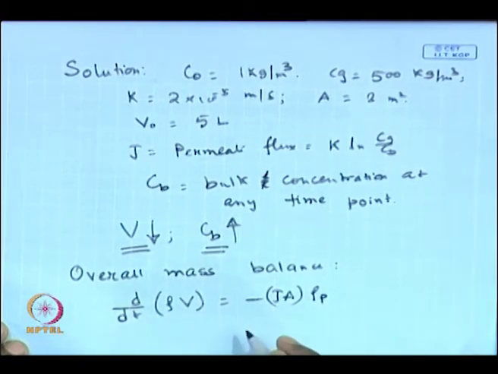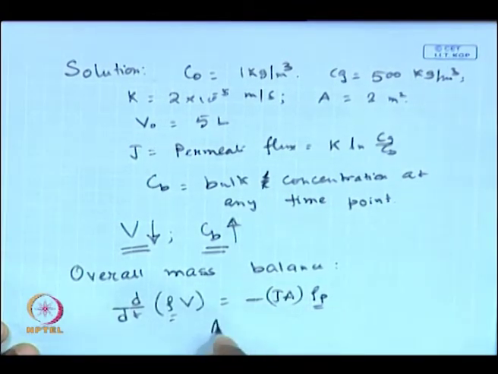Now, we have already discussed earlier, what is the difference between the rho in the bulk and rho in the permeate? In the permeate stream there is no solute, but the retentate stream, in the bulk stream, it is laden with the solutes. So, concentration of solute is more in the bulk, but since density is a weak function of concentration, we can assume that rho in the bulk and rho of the permeate will be almost equal.